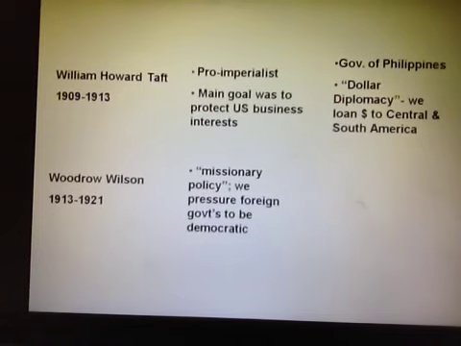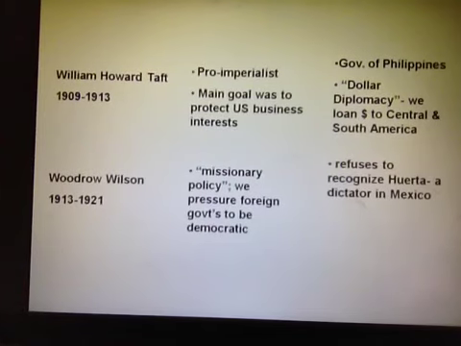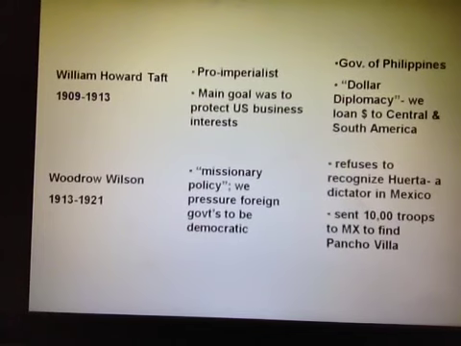That's why he had not recognized Huerta, the dictator that came before Carranza in Mexico, because he felt certain he was a dictator. So he refuses to recognize Huerta, and he sent 10,000 troops, that should be 1,000, to Mexico to find Pancho Villa, and so he was the one involved heavily in Mexico.